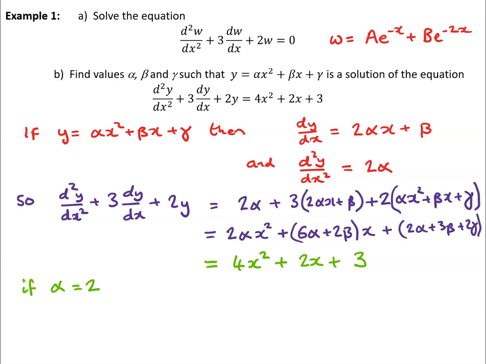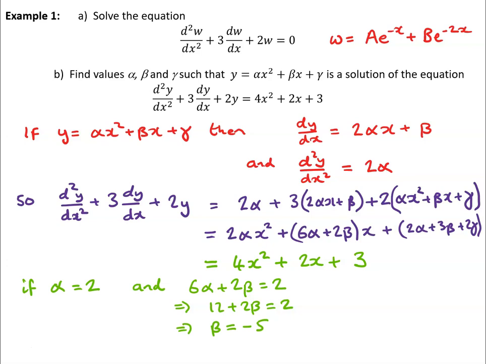In other words, alpha has got to equal 2. We then also want 6 alpha plus 2 beta to equal 2, looking at the x terms. I already know that alpha is 2, so that's 12 plus 2 beta has got to equal 2, which gives me beta equals minus 5.